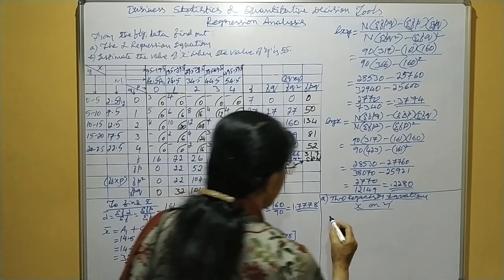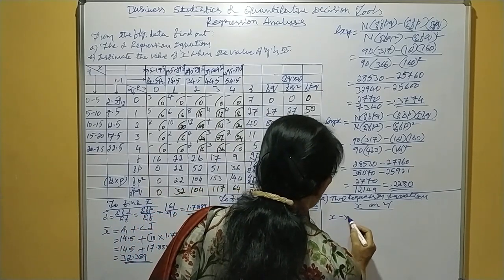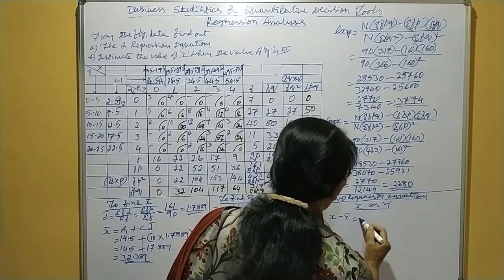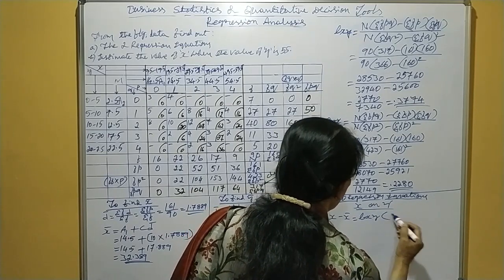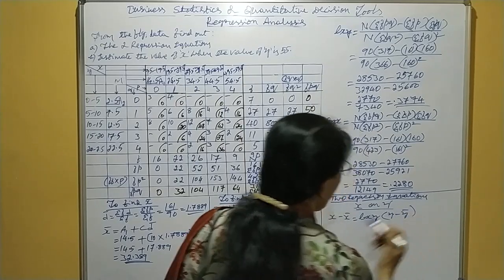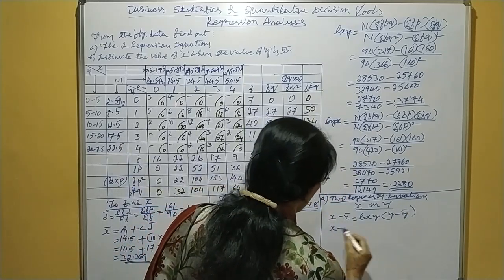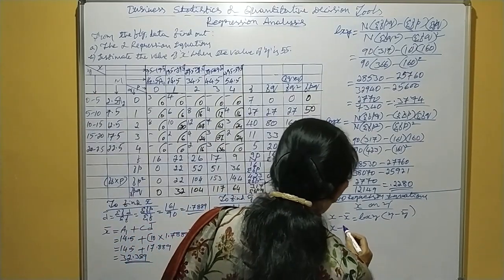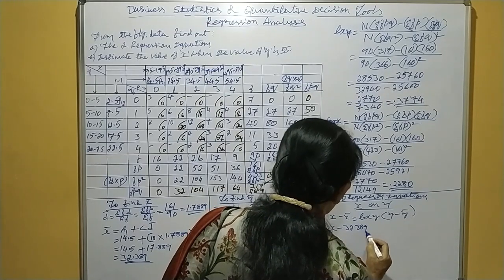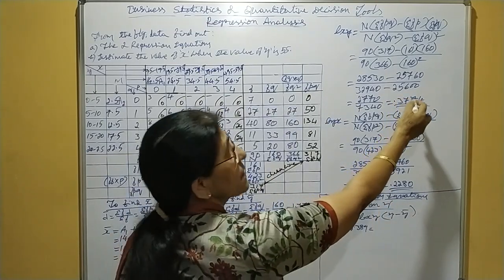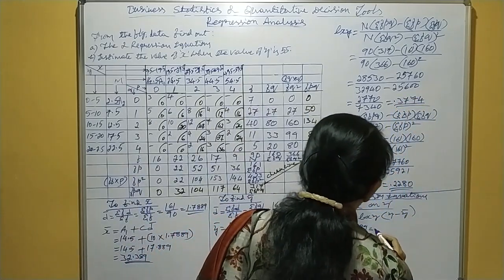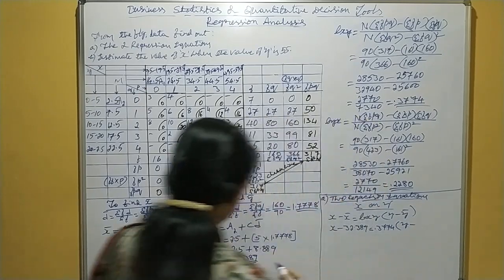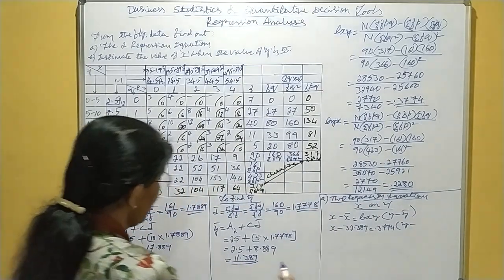The regression equation of x on y is x minus x bar equals bxy into y minus y bar. Now x bar we have already calculated, 32.389, equals bxy is also calculated, that is 0.3774, into y minus y bar, which is calculated.